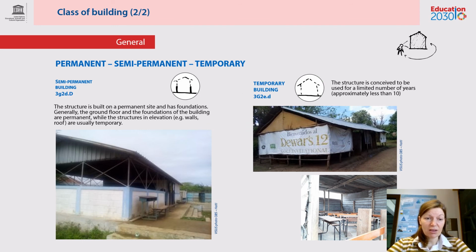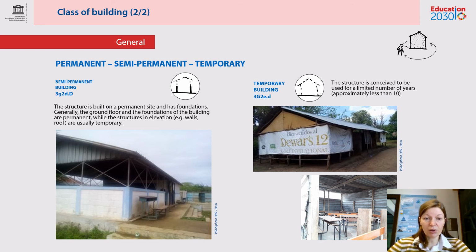Semi-permanent buildings, on the contrary, the structure is built on a permanent site and has foundations, and generally the ground floor and the foundations of the buildings are permanent, while the structure and elevation, the walls, the roof, are usually temporary.